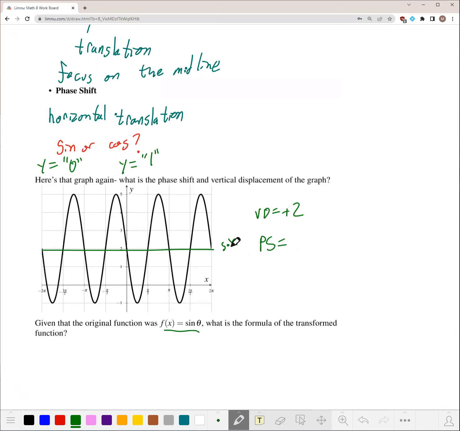So I'm going to look for that kind of 0 point. And again, remember, we cross zeros more than once per period. And so I'm going to look specifically at this point or this point. I can look at either one of these and it's okay. But these are the ones that are going to tell me where I'm looking. All right, so let's look at this one, and I can say that my phase shift then is negative pi over 2.